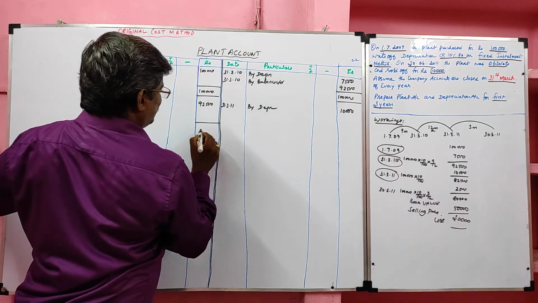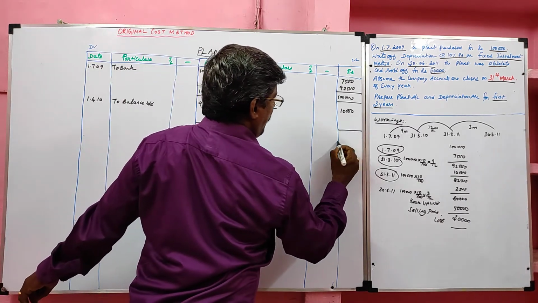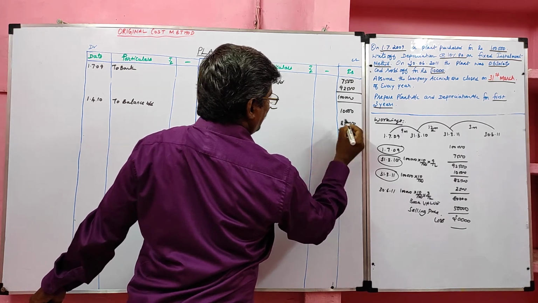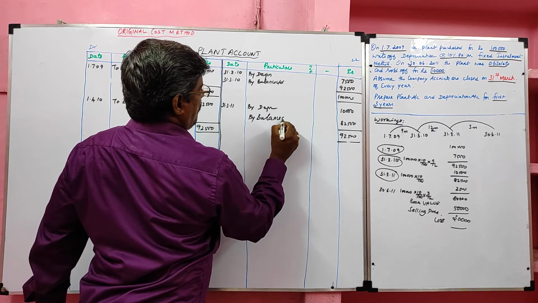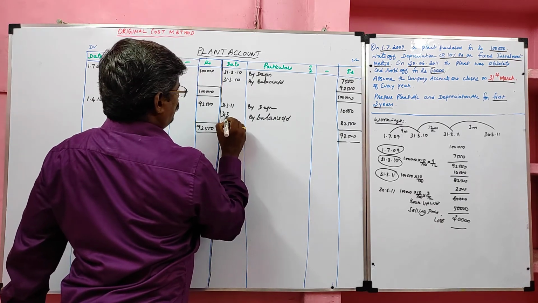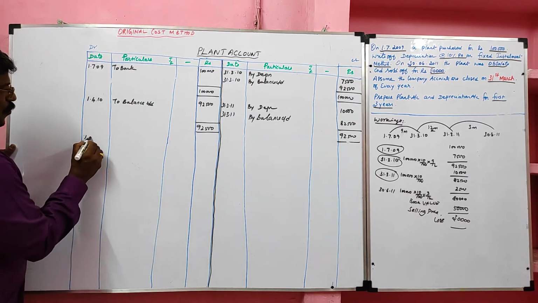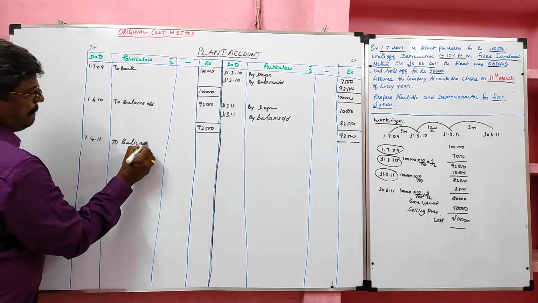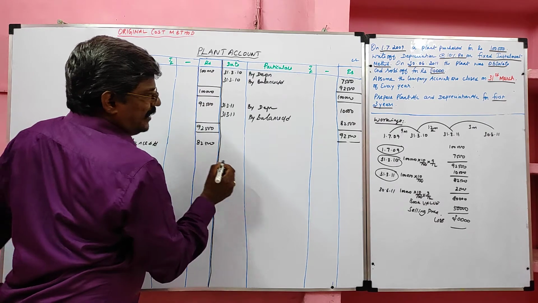Second year we have to balance it. 92,500 minus 10,000 will get 82,500, by balance c/d 31/3/2011. The next date after 31/3/2011 is 1/4/2011, to balance b/d, value 82,500.